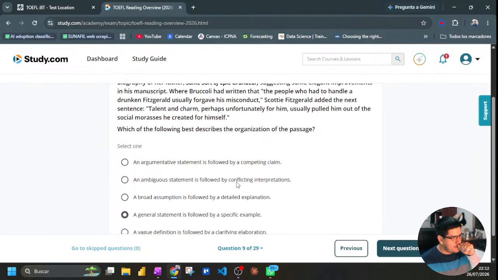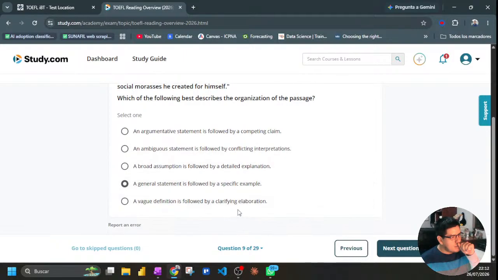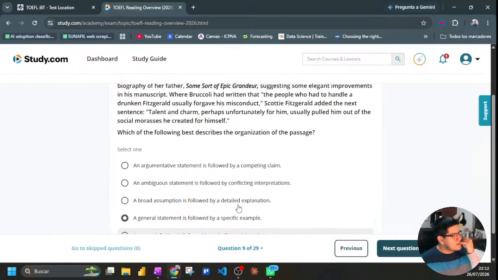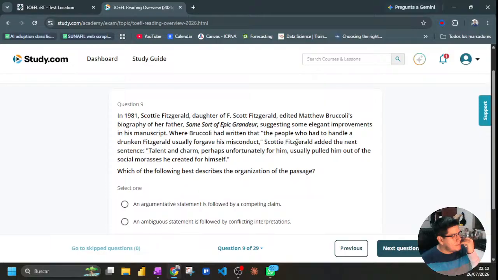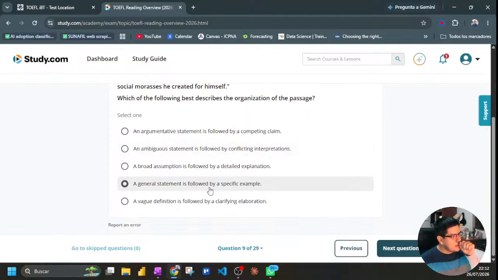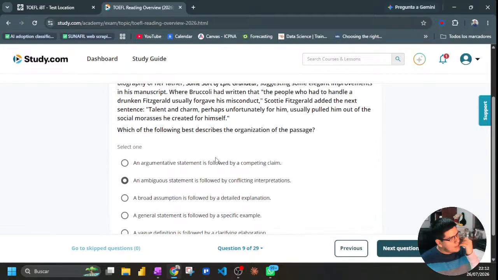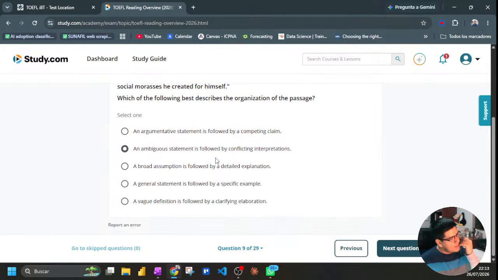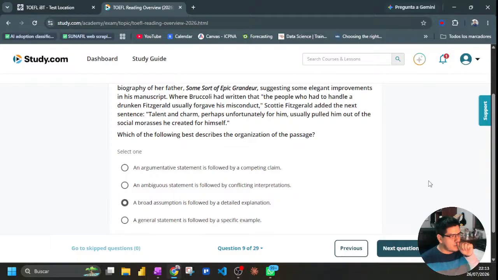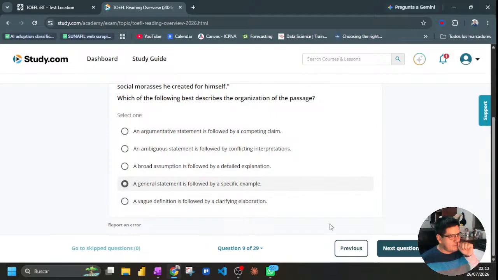Verify elaboration. She added. A broad assumption is followed by detailed explanation.